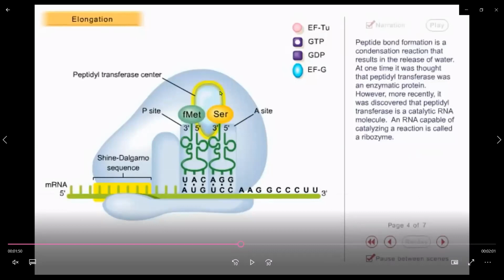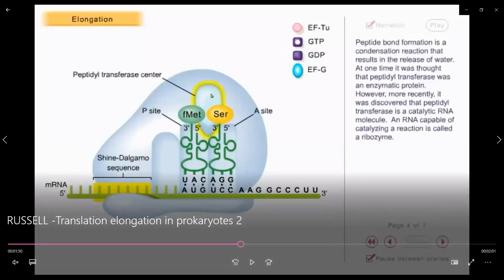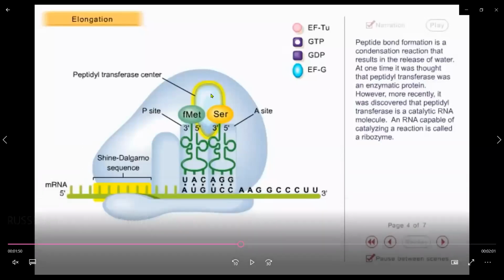So in the 50S ribosomal subunit, we also have another catalytic RNA, the ribozyme, which is sitting here and is facilitating the bond formation between the formyl methionine and the serine. So it is an RNA molecule that is helping in formation of the peptide bond, and such an RNA is known as the ribozyme.